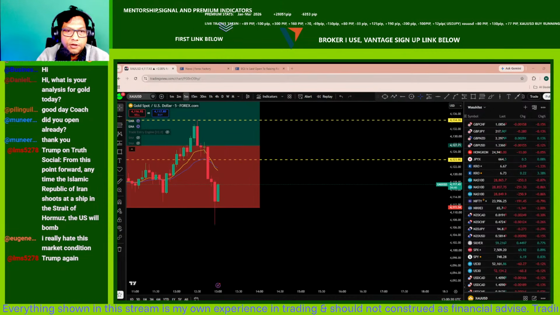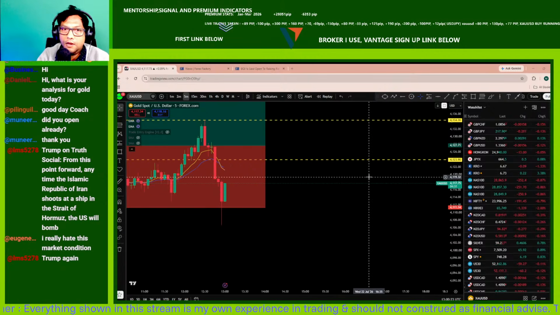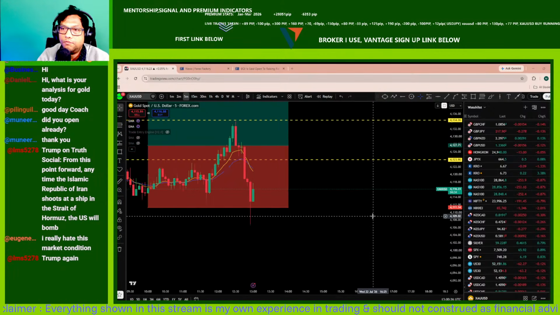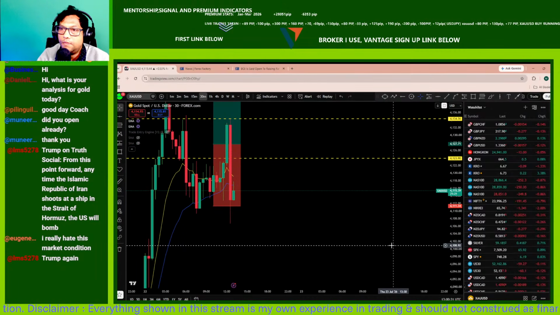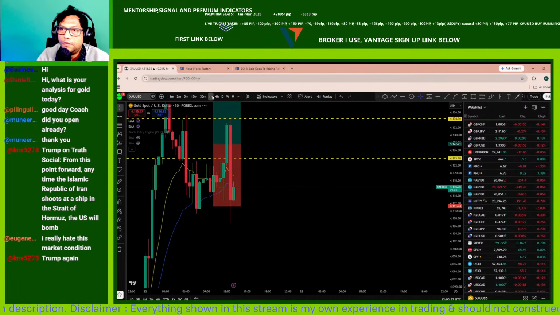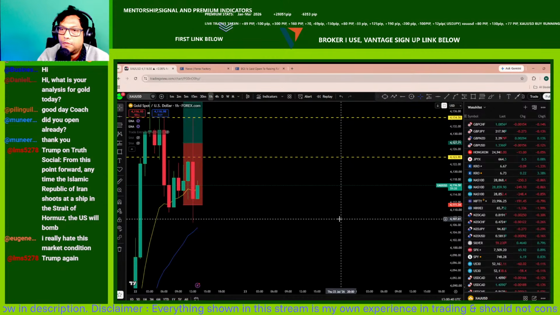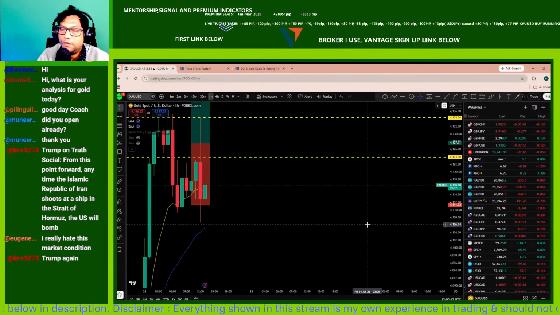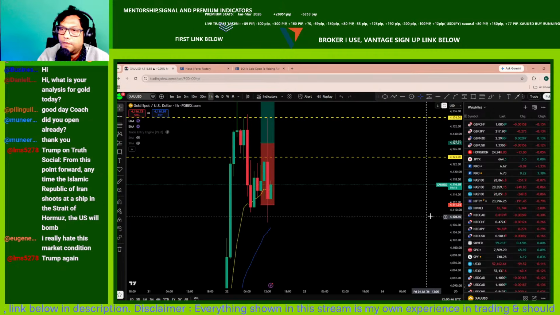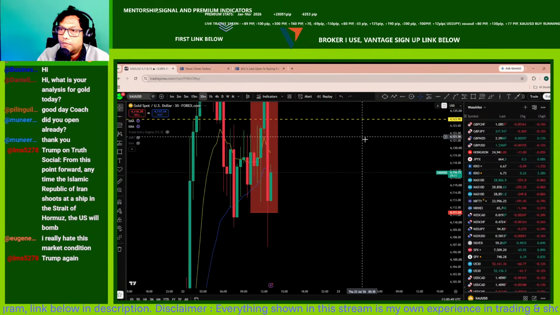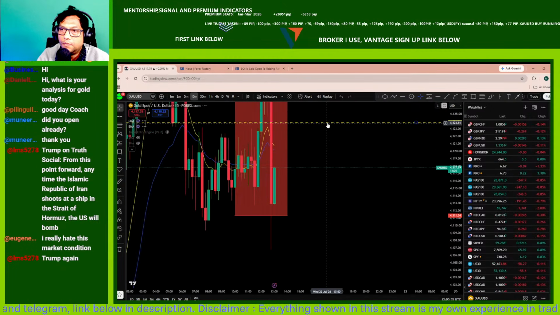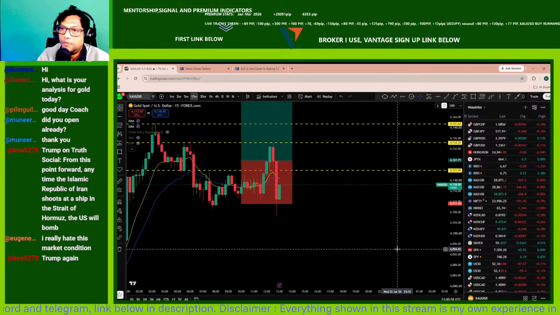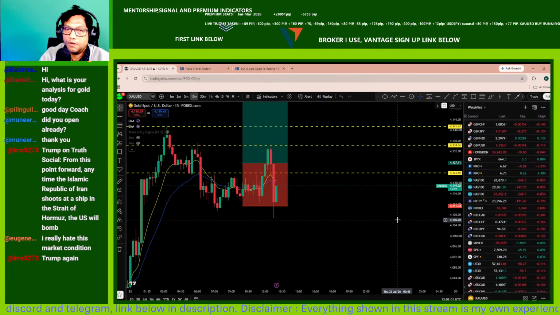So there is a massive liquidity grab that hit the stop loss. Usually after this kind of liquidity grab, the market prepares for another move.